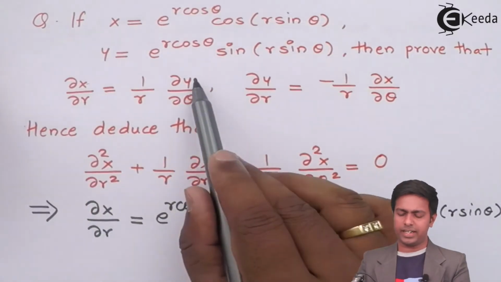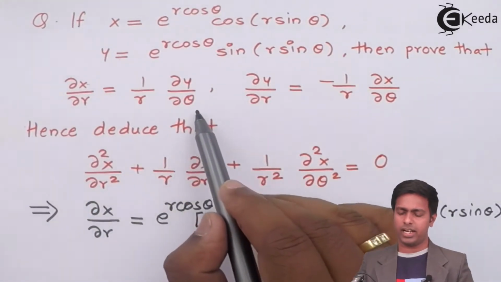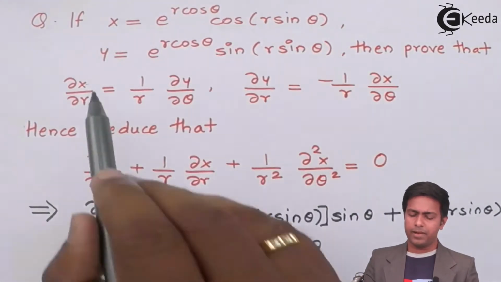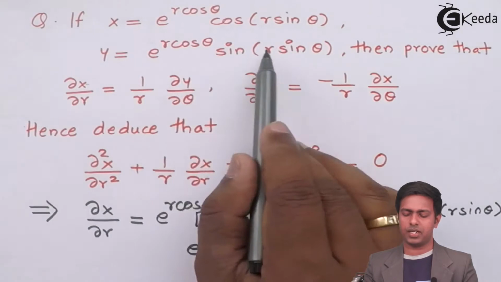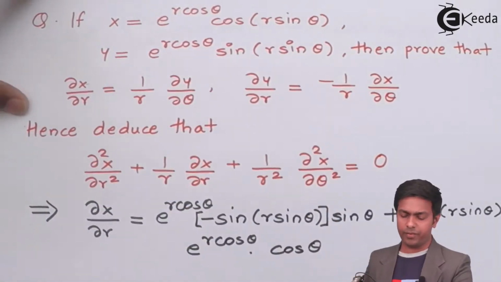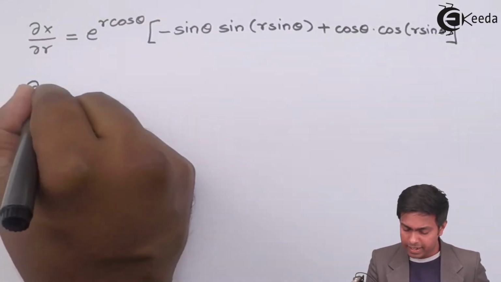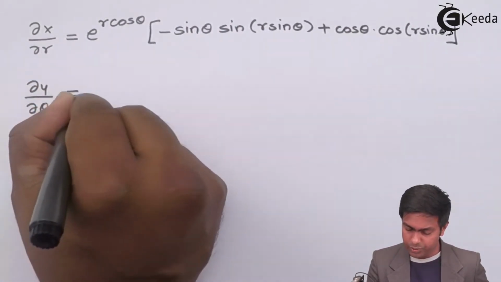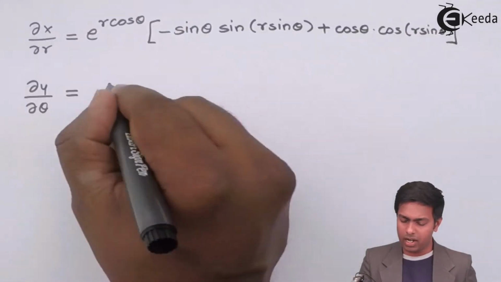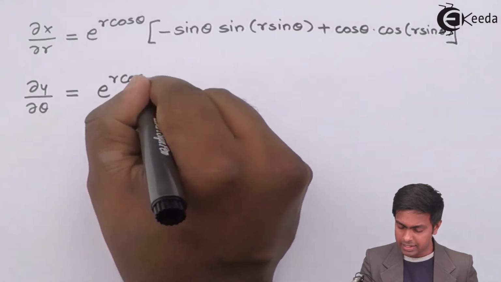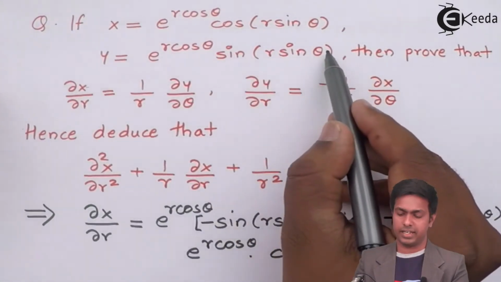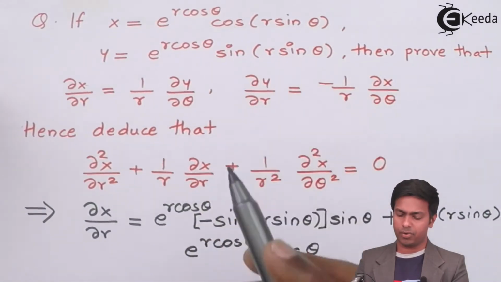Now let's find out del y by del theta, and for that we will differentiate this y with respect to theta. So again in y there are two functions multiplying each other and both have theta. So again I'll be applying the product rule of derivative. So we will get del y by del theta equal to. So here e to the power r cos theta as it is, and the derivative of this term with respect to theta is sine will become cos.